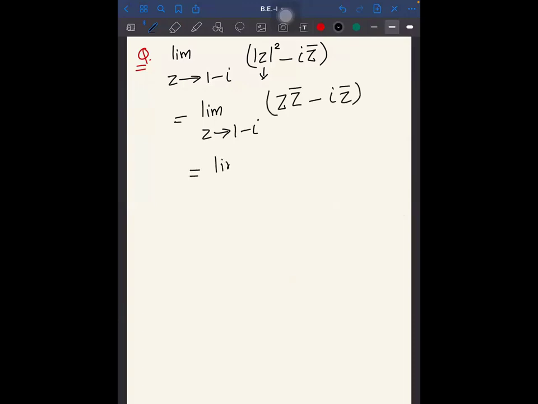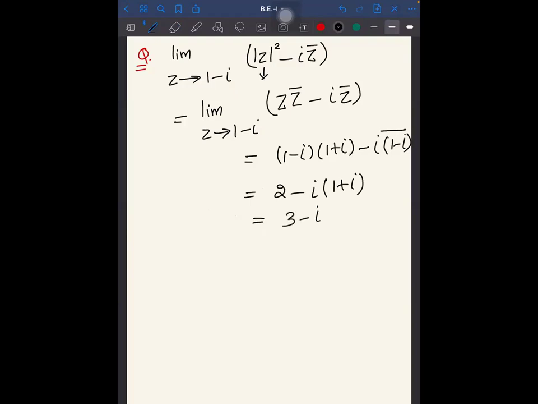So limit z goes to 1 minus iota, this becomes 1 minus iota into 1 plus iota, minus iota times 1 minus iota bar. Sorry, there is no need to apply the limit now. So this becomes 2 minus iota times 1 plus iota, so this becomes 3 minus iota, right? Are you with me? Yes, sir.